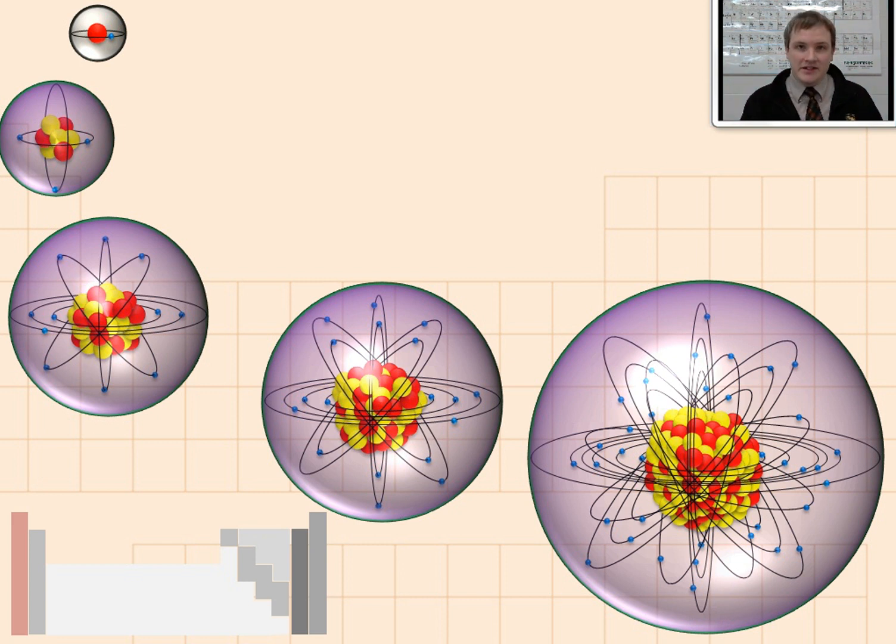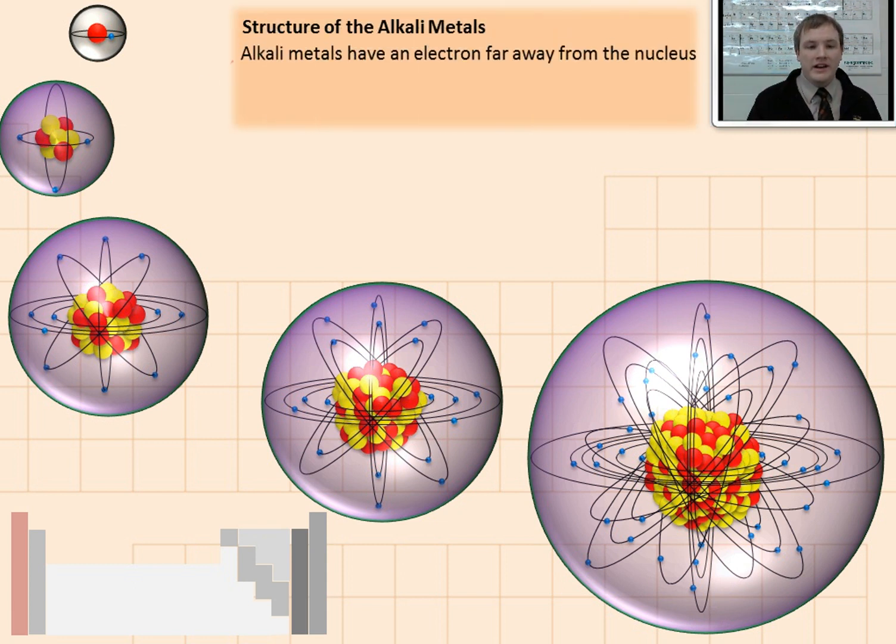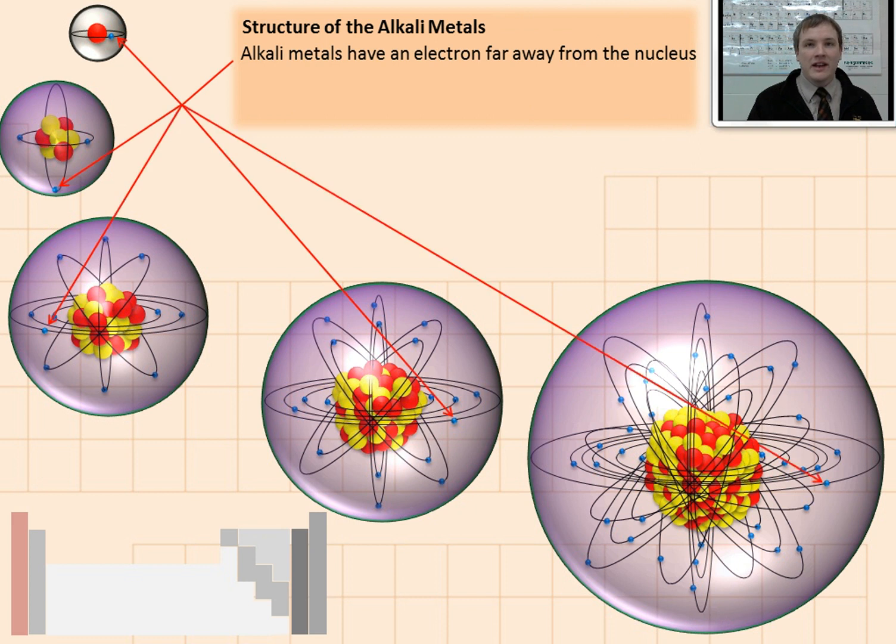In this case, for the alkali metals, the protons attract electrons in such a way that there is always one electron in an outer energy level in the electron cloud far away from the nucleus.